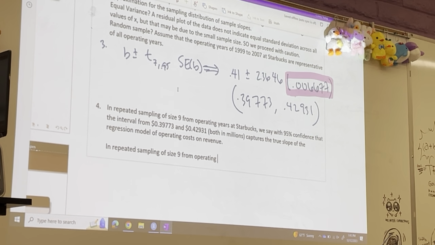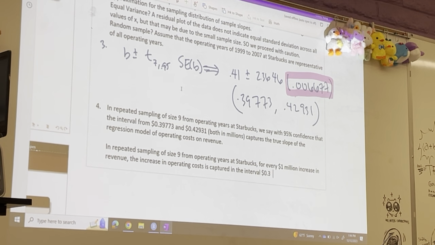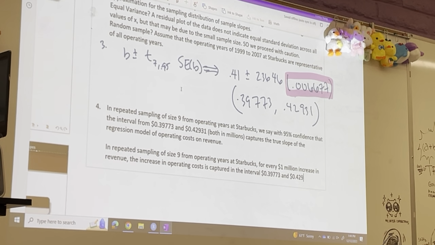In repeated sampling of size 9 from Starbucks, for every $1 million increase in X, which is revenue, the increase in operating costs is captured in the interval 0.39773 and 0.42931 in millions of dollars with 95% confidence.